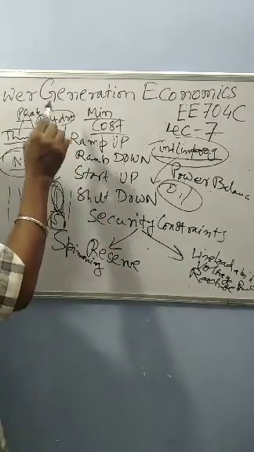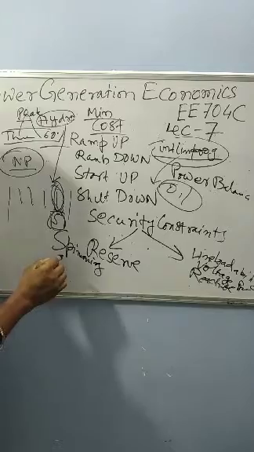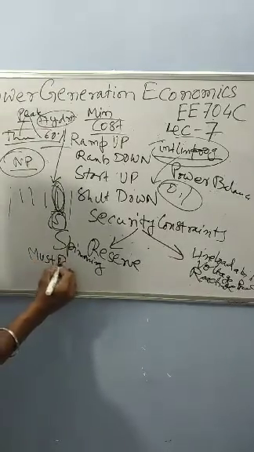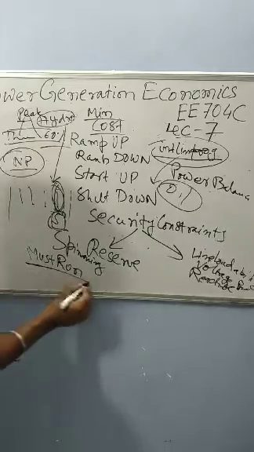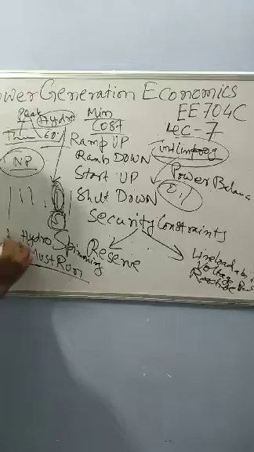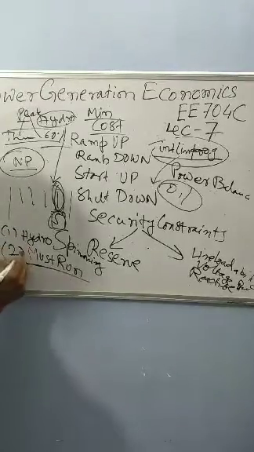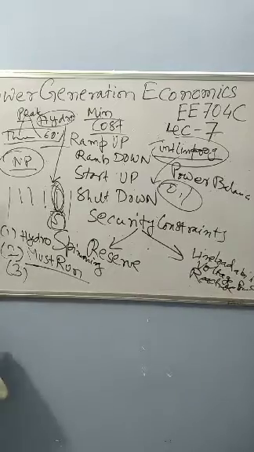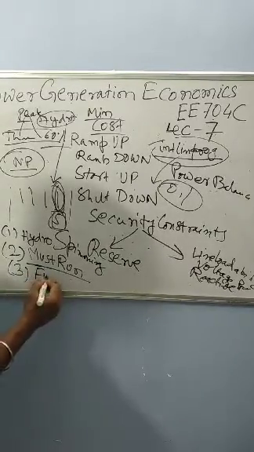So what you have learned: number 1, hydro constraints; number 2, must run constraint, M-U-S-T; and number 3, fuel constraints.